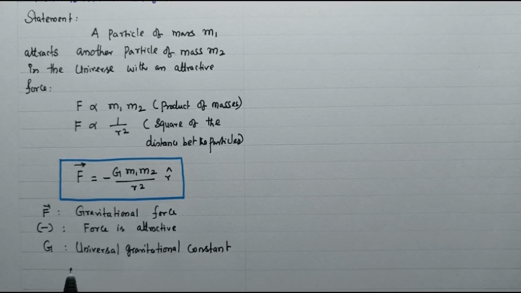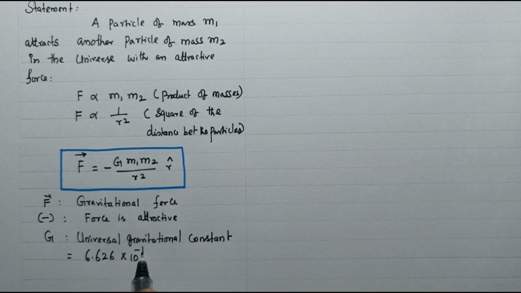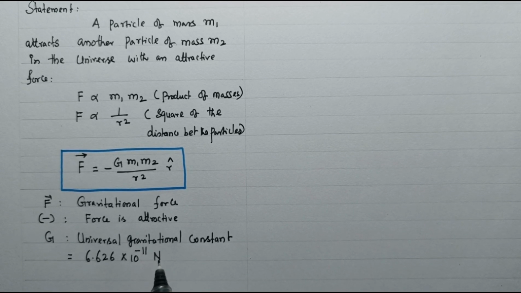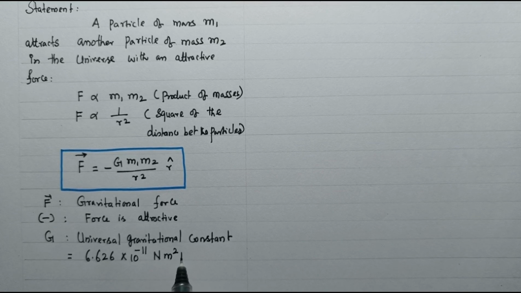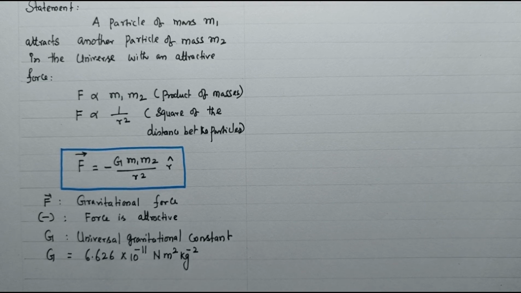The value of G is equal to 6.626 into 10 to the power minus 11 Newton meter square kilogram to the power minus 2.